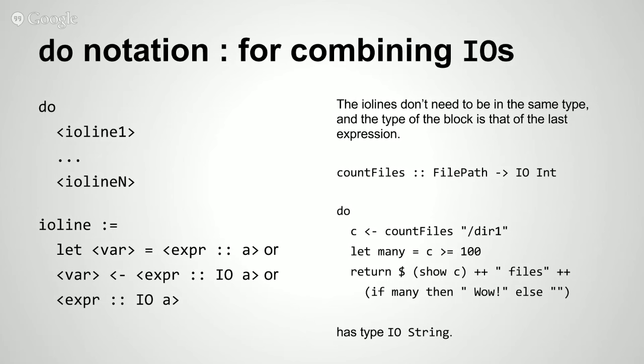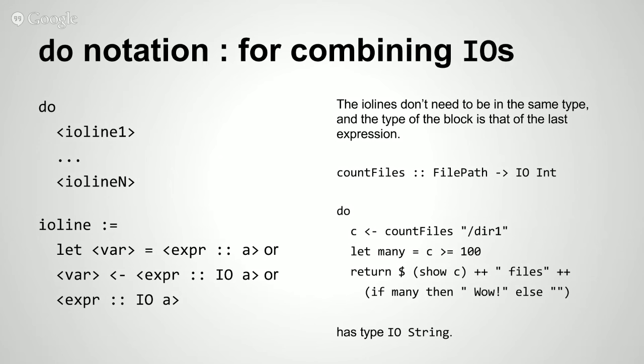If you don't have it there, then return will consume show c, and then it will consume plus plus, which is another function, but return only takes one argument. And so you get a type error. So the dollar sign kind of allows you to condense everything into one thing that you're returning. Okay. So you don't have to put parentheses around the whole thing so that it evaluates that whole thing first. Exactly. And then it's returned.